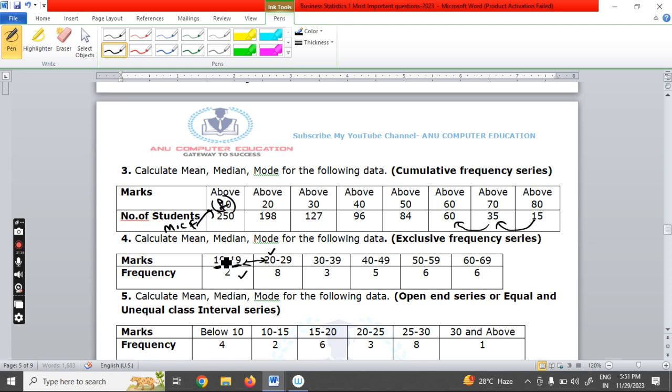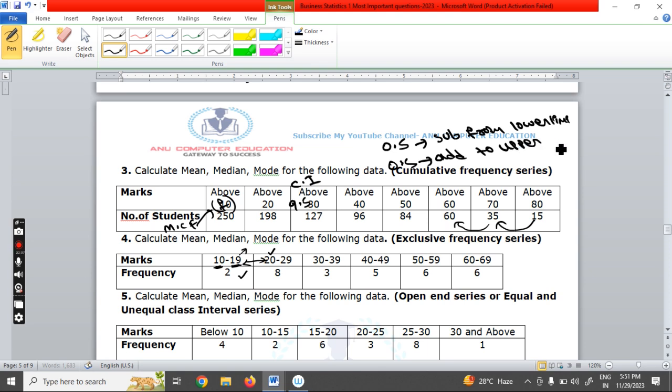We have to subtract 0.5 from the lower limit, and we have to add 0.5 to the upper limit. So see how I am converting the class interval now. 10 minus 0.5 will become 9.5. So 0.5, this is called the correction factor, you subtract from the lower limit and add to the upper limit.